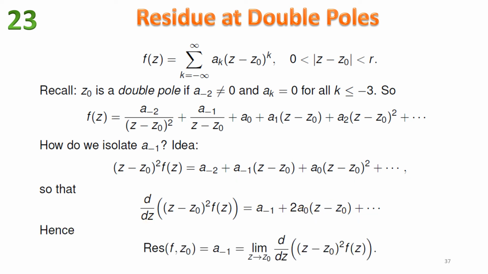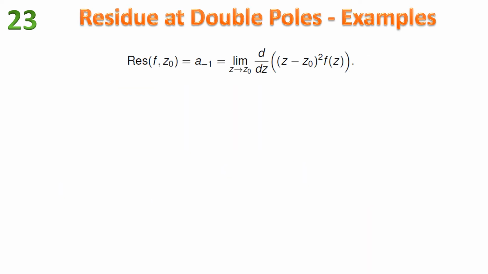So the residue of f at z0 is a minus 1, and that is the limit as z approaches z0 of the derivative with respect to z of (z minus z0) square into f of z. So that's the idea. Now we are in a position to discuss an example for residue at double poles.